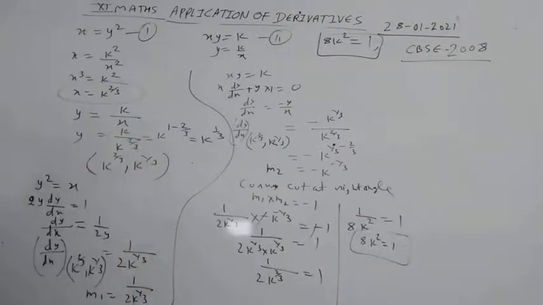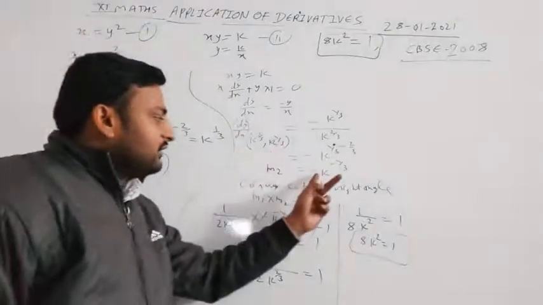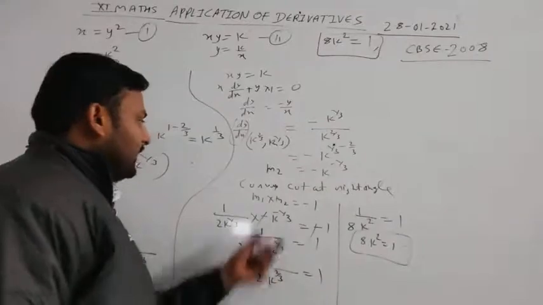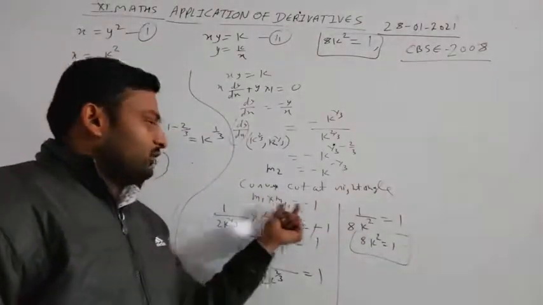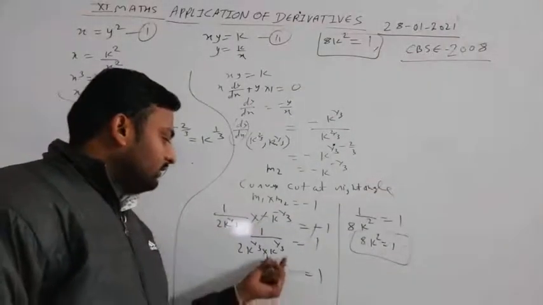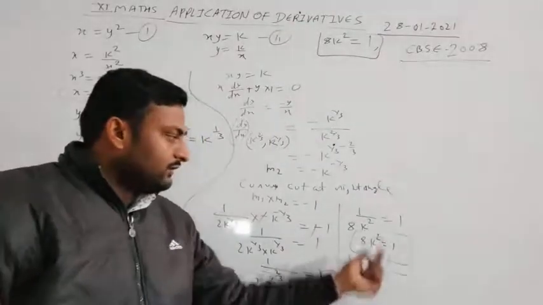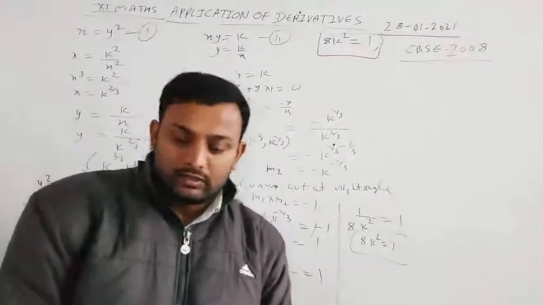The second curve is xy = k. Differentiating this, at this point we get minus k^(-1/3), and the two curves cut at right angle. So m1 into m2 is equal to -1, students. Now putting the values, we get 2k^(2/3) = 1. Taking cube on both sides, we get 8k² = 1. I hope you understand, students.